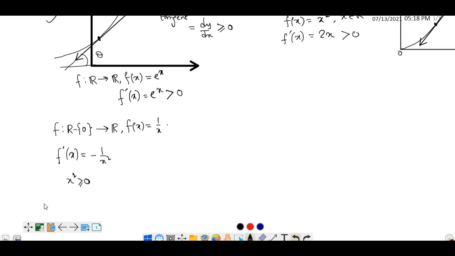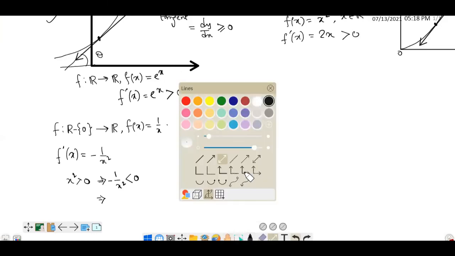When you are not including 0 for x, x square is strictly greater than 0. So if you take the reciprocal, then 1 by x square, and minus 1 by x square, will always be less than 0. That means the derivative is less than 0. So what you will get here is that the function is strictly decreasing. We have already seen it. So now let us see it in the graph.